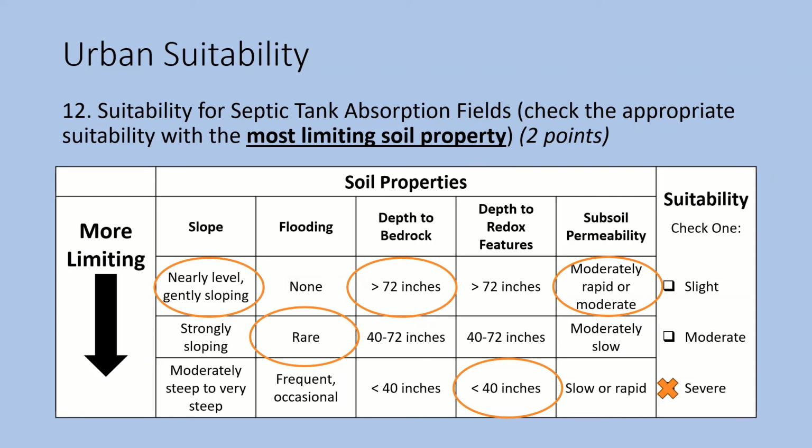You always look for the most limiting property, and that gives you your overall class. Now again, these suitabilities don't say that you can't put in a septic tank at this site. It just means there's more limitations, so you might have to use a slightly different system, make some modifications, or it could become more expensive.